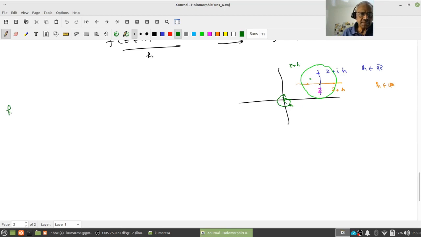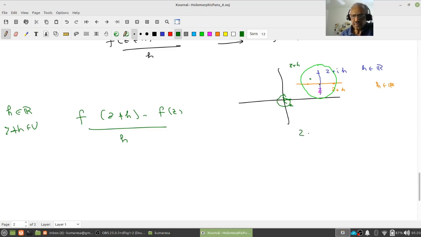So let h be in R. Let us look at, okay, so that z plus h belongs to U, etc. f of z plus h minus f of z by h, right? Now notice that if z is x plus iy, then z plus h is x plus h plus iy, right?